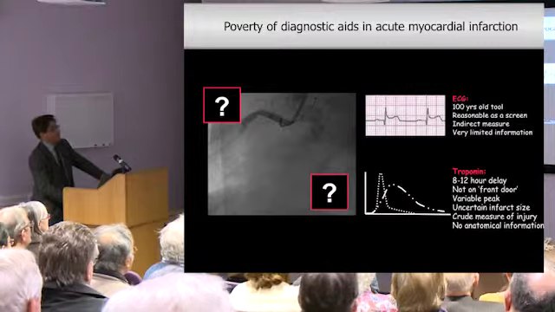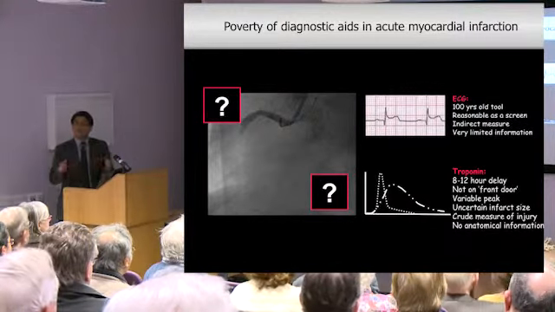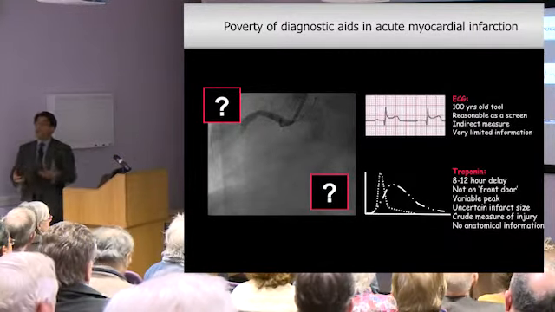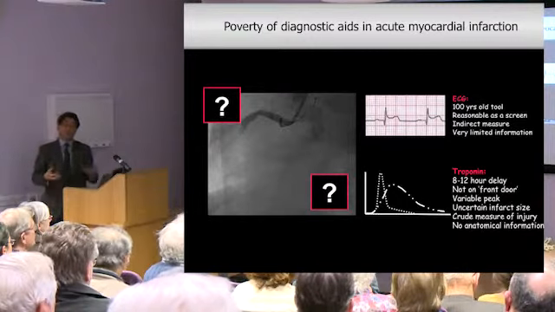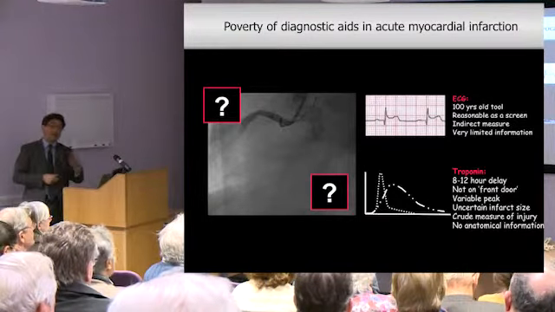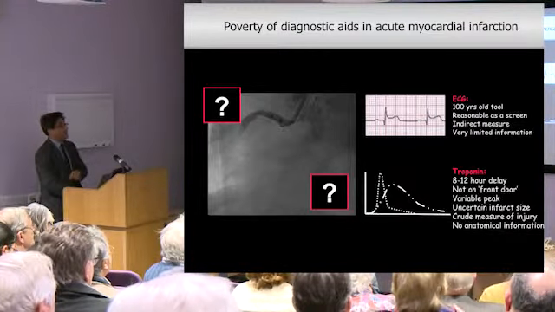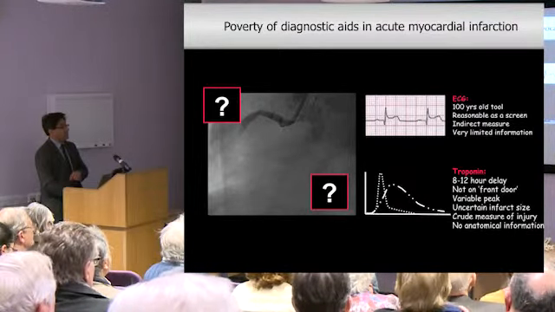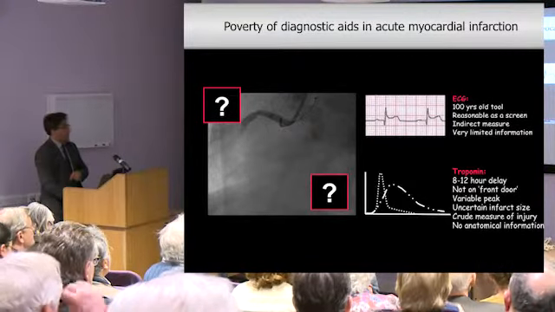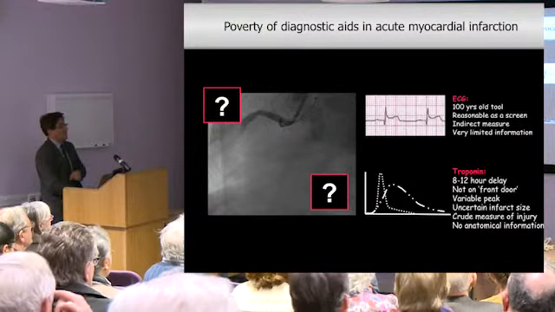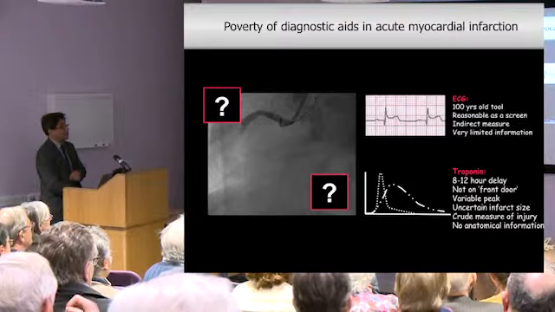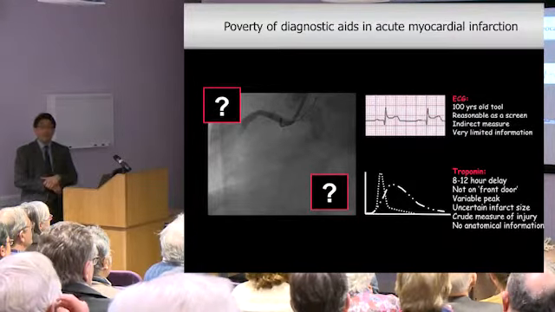Okay, so I've shown you to some extent what is the normal pathway of a patient coming into hospital these days, and I've shown you how we can respond to changes in the ECG. We get some information from some blood tests, and we get further information from an angiogram. This is what I failed to show you on the video, the blocked coronary artery.